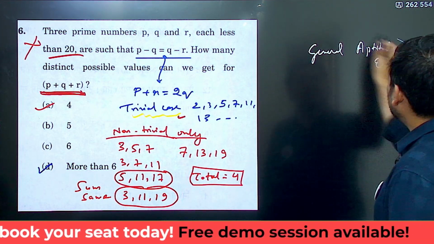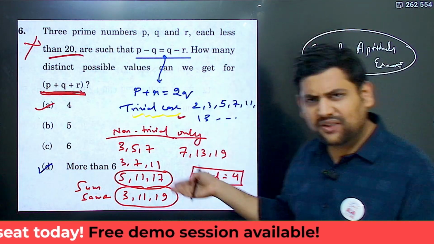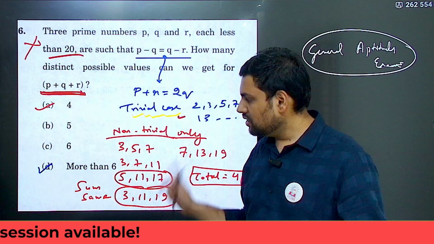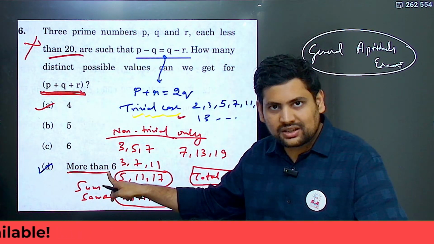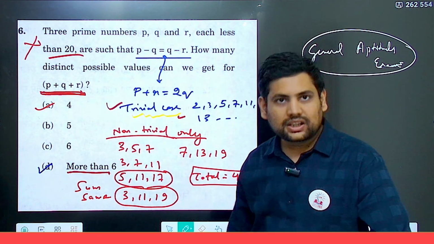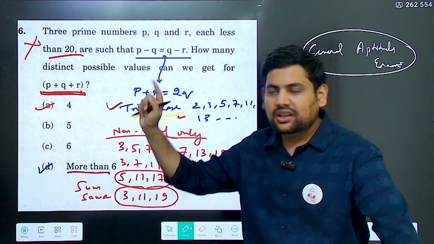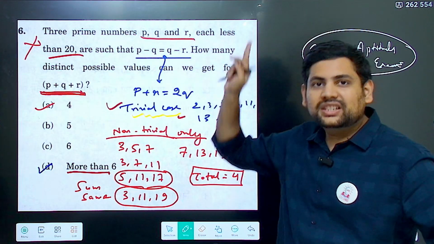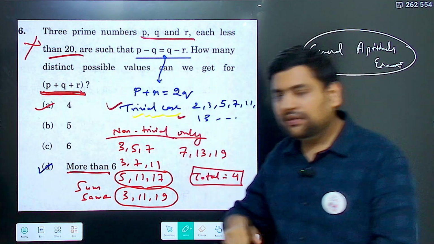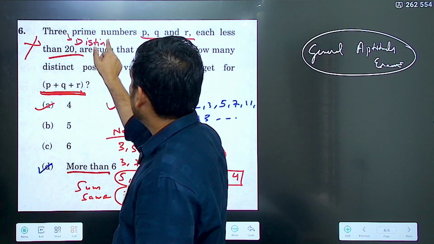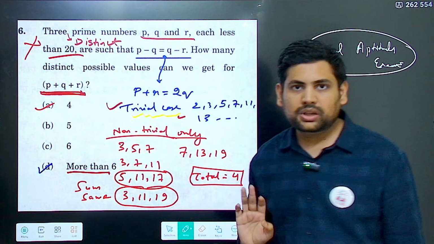The institutions have also considered it and gave the answer. But what we need to learn here is that UPSC gave the answer as more than 6. That is, they considered the trivial cases also. Why? Because it is not specifically written that P, Q, R are distinct prime numbers. If it had said three distinct prime numbers, then the answer would have been 4.